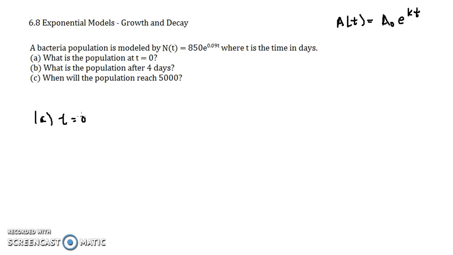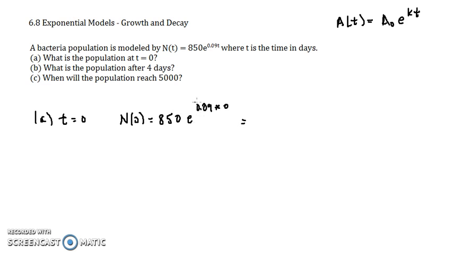There's 2 different ways that you can look at this. You can say, well, I know the time, I can plug the time in. Let's do that. So we've got N of 0, our number at time 0, is equal to 850 e to the 0.09 times 0.